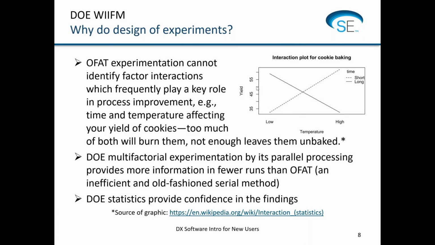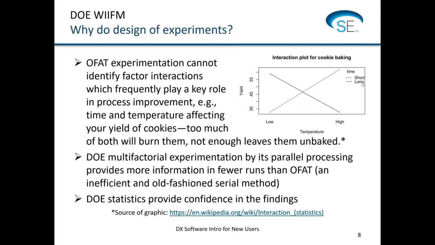So we don't want undercooked cookies, we don't want overcooked cookies. So with the short cook time and low temperature, we have a low yield because we have some undercooked cookies. But as we increase the temperature, we follow the dotted line and we actually improve the yield. Okay, well that makes sense.